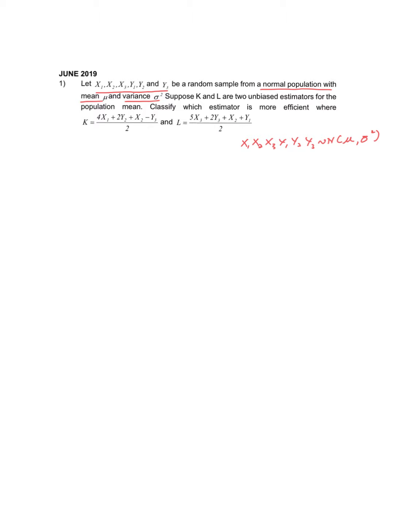So dia nak suruh awak classify which estimator is more efficient. Okay, so ingat ya, kalau kita nak tahu in term of efficiency, kita kena tengok variance. Okay, smaller variance yang lagi kecil.